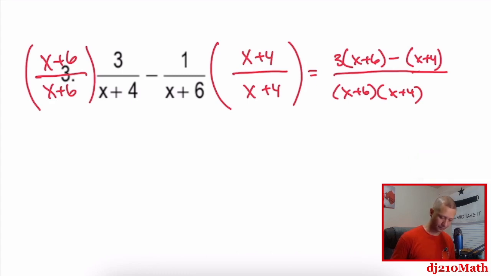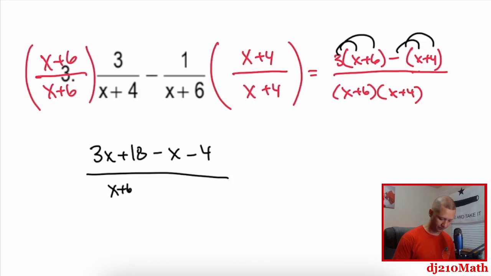All right. Distributing and then combining like terms in the numerator. 3x plus 18 minus x minus 4. Okay, combining like terms, we have 2x plus 14.